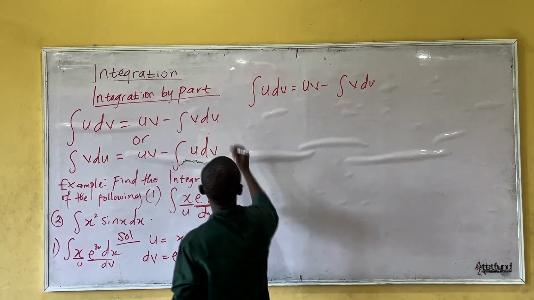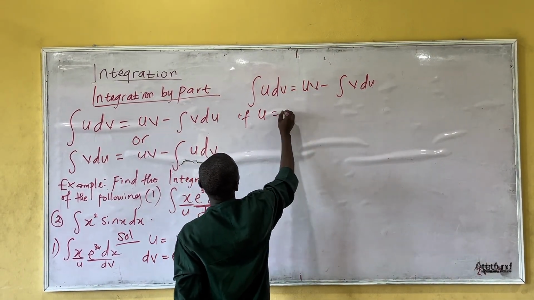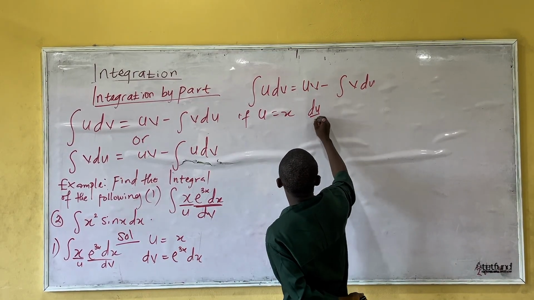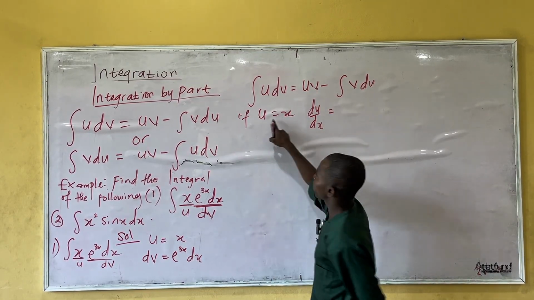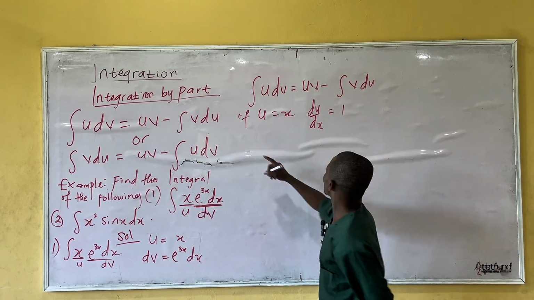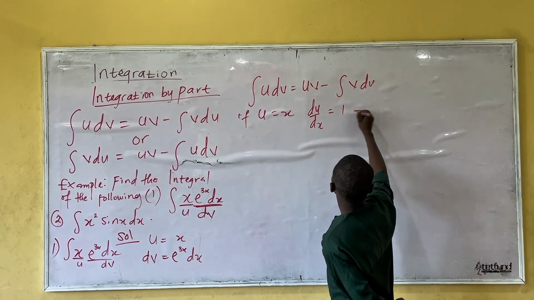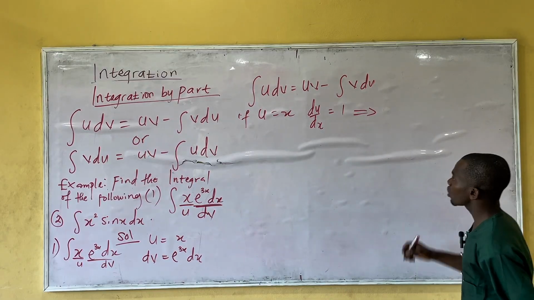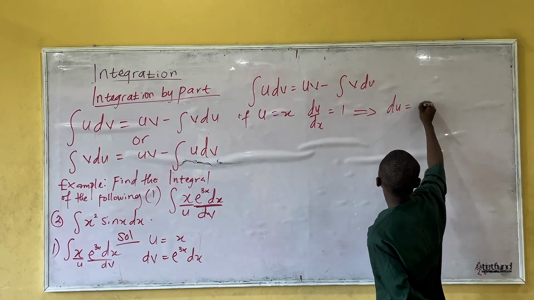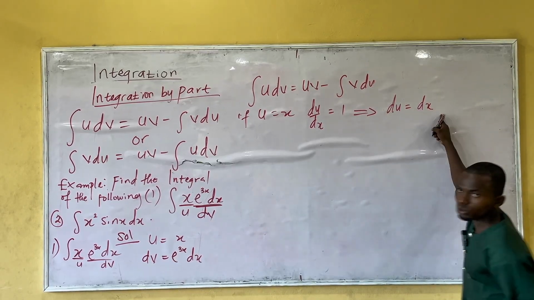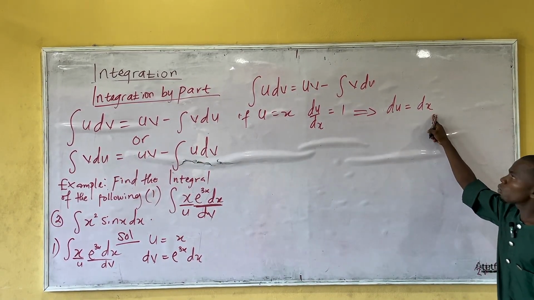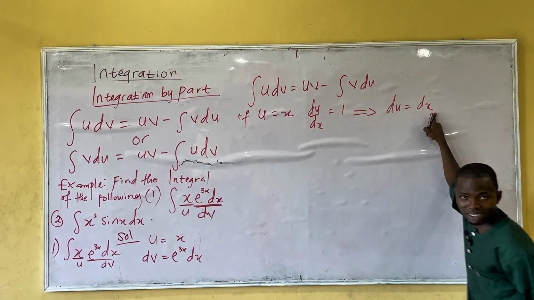Now, if u equals x, then du over dx means I'm differentiating u with respect to x. It will give me 1. The differential of x is 1. If I cross multiply, it implies du equals dx times 1, which means du equals dx. Wherever I see du, I put dx. That's the meaning.